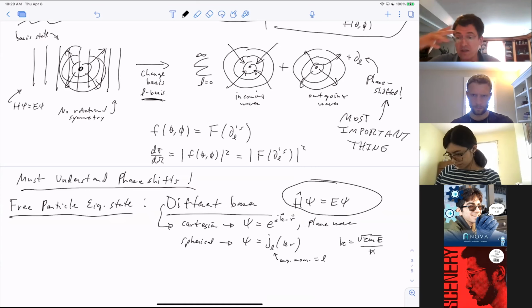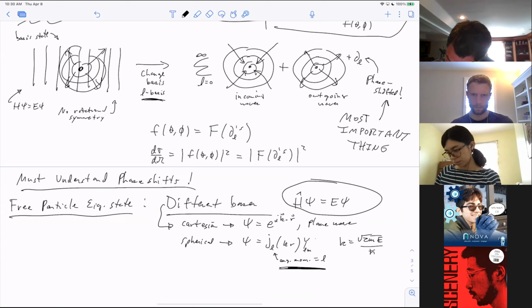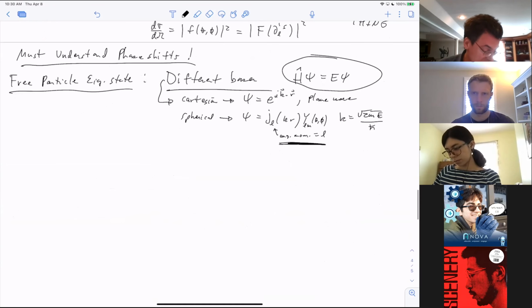It has rotational symmetry, but a well-defined angular momentum. It's actually times Y_lm of theta and phi. So the eigenstate is a Bessel function times a spherical harmonic. That is your free particle eigenstate for a rotationally symmetric system.